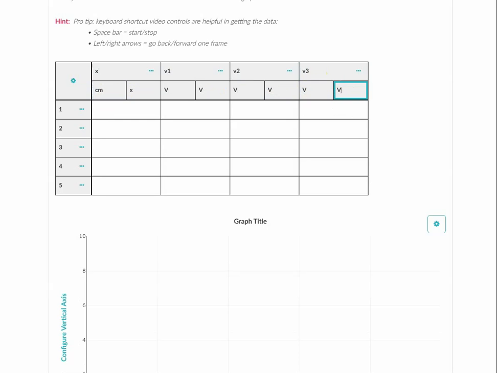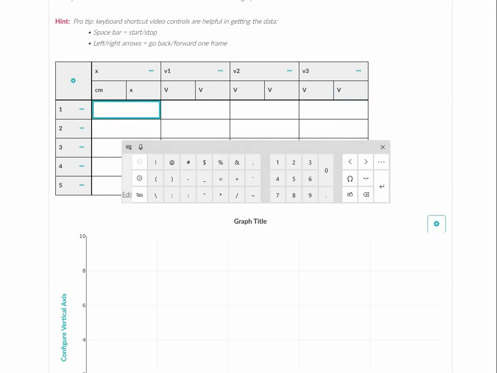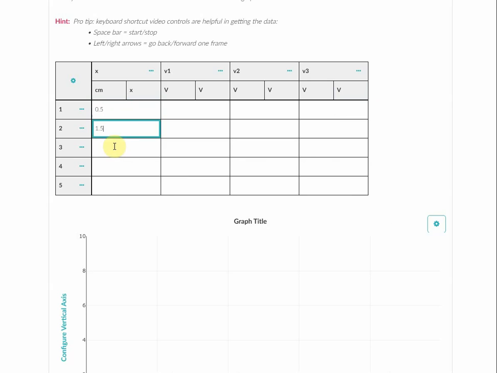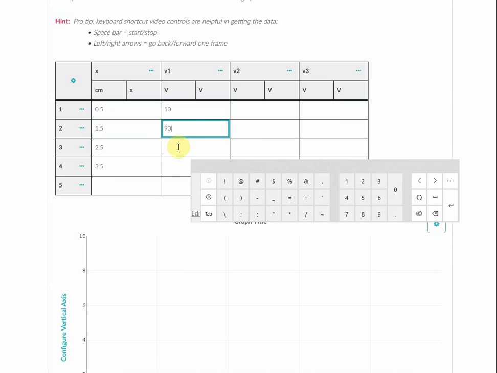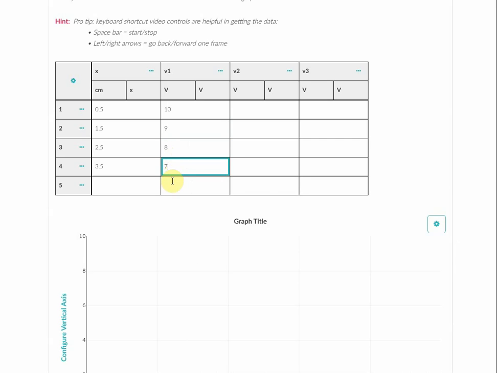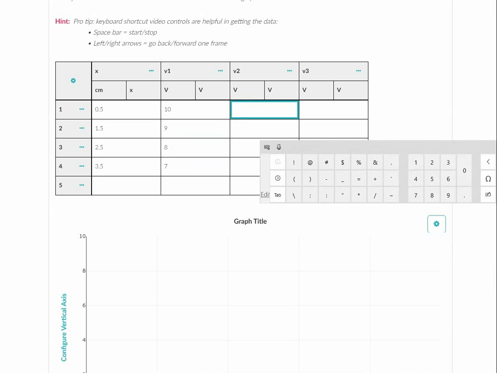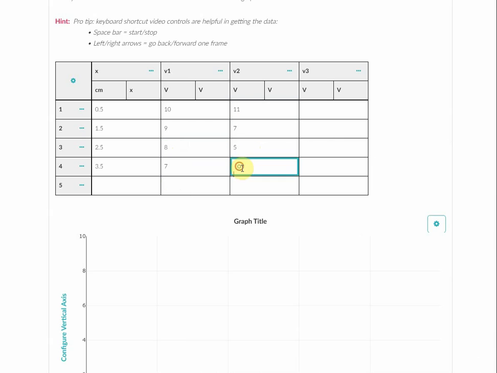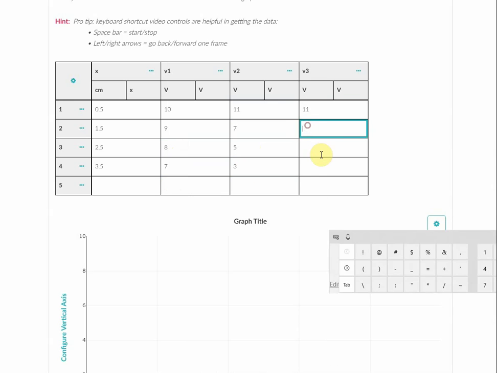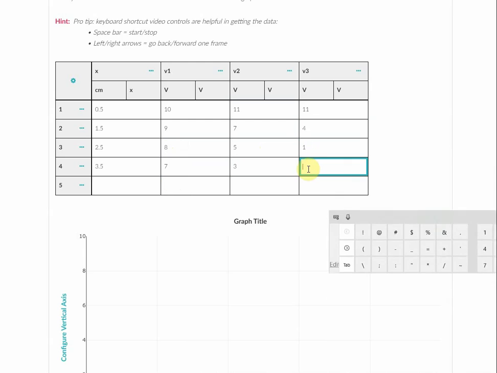Now you're taking data, and it could have been something natural, 0.05, 1.5, 2.5, 3.5, and now this, like 10, 9, 8, 7, and this could have been 11, 7, 5, 3, doesn't really matter, 11, 4, 1, 0.